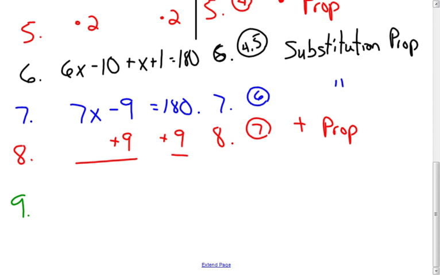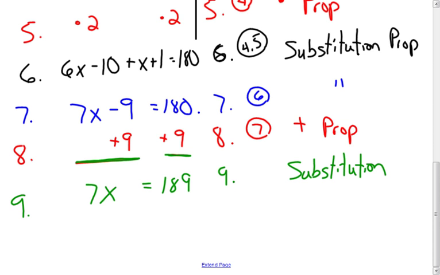Line 9, that would be where I'd want to put my equal sign, and then I'm going to replace the 7x minus 9 plus 9 with 7x, and this with 189. So my reason 9, I'm using the substitution property again. And this would be from line 7 and line 8.